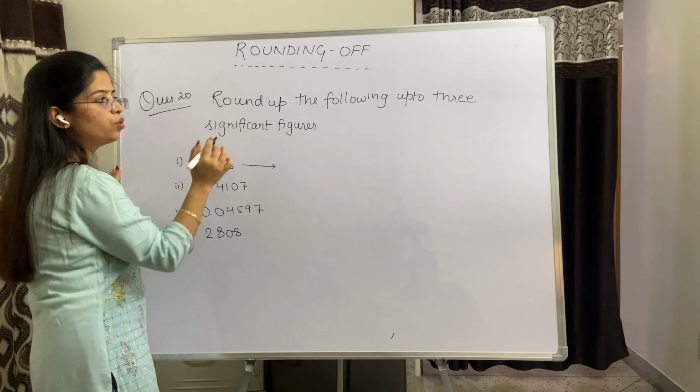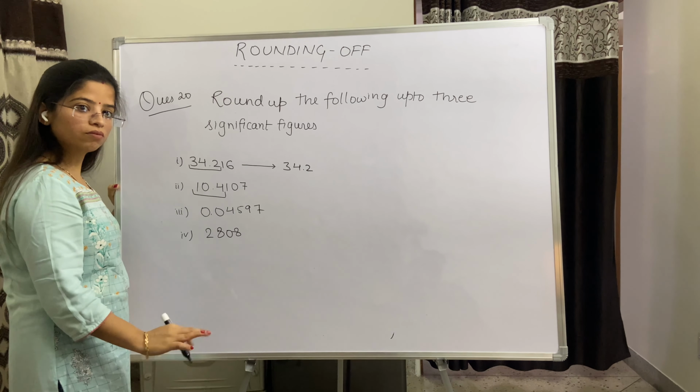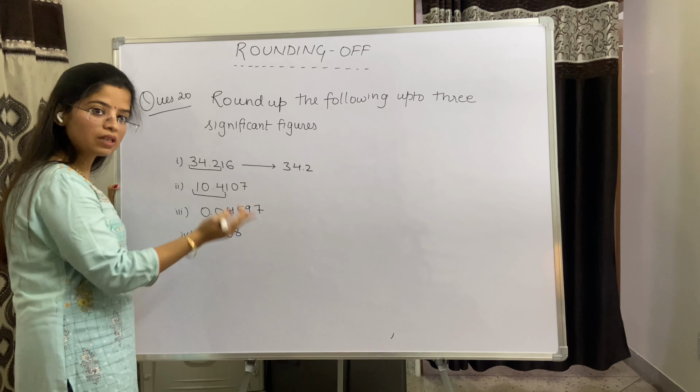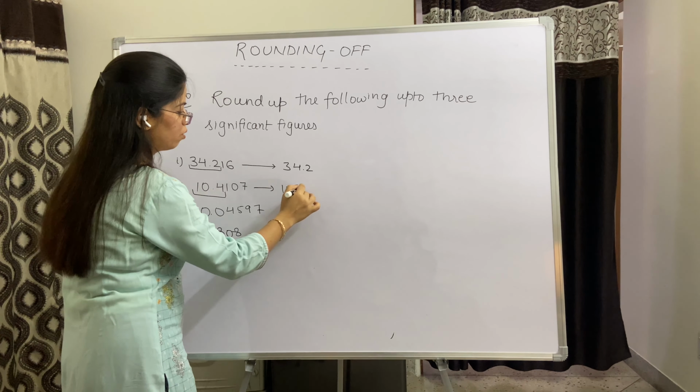So as the dropping digit is 1, which is less than 5, the numbers will remain same, and the answer will be 34.2. Now in the next question also, this is the number, 3 significant figures. Dropping digit is 1, so it is less than 5, so we can write it as 10.4.